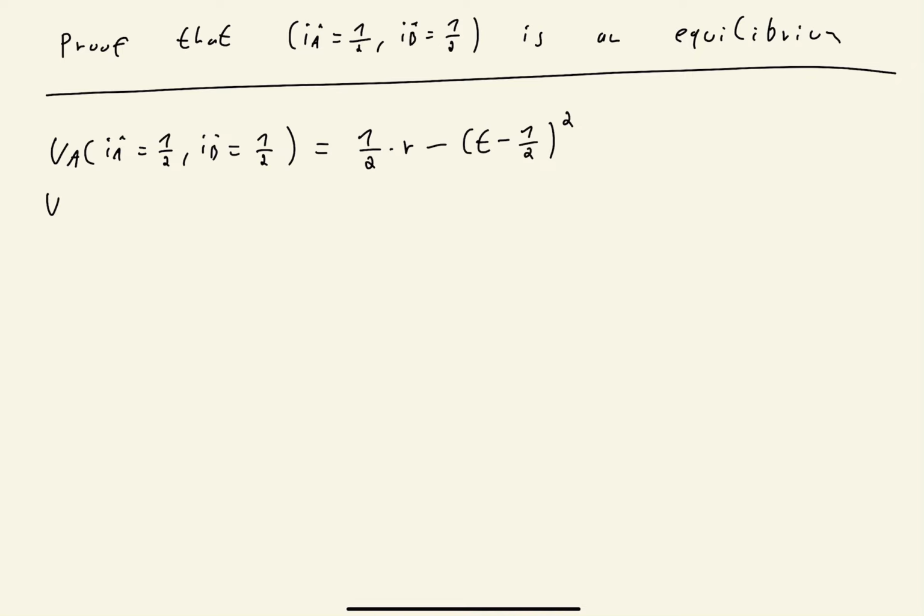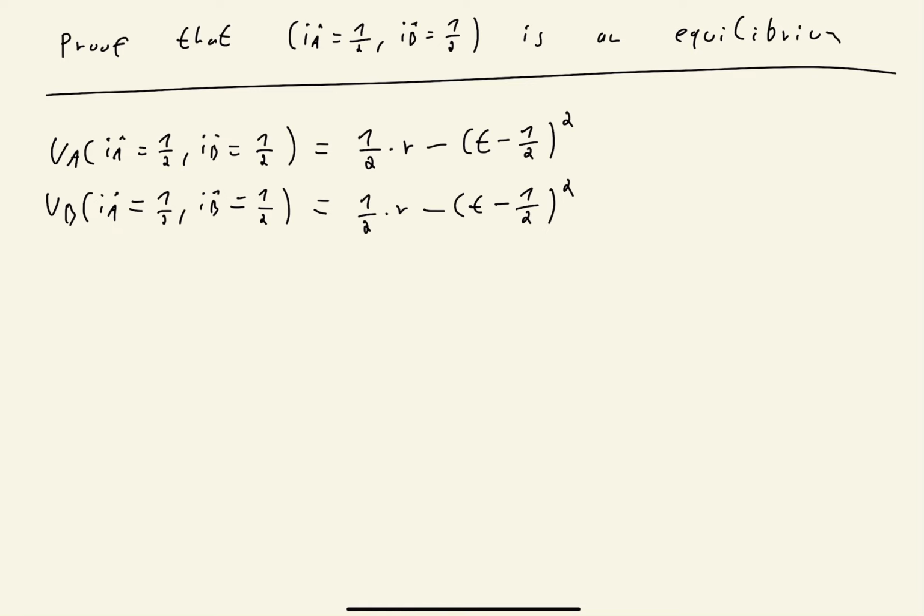The same for B. So the utility of B if both A and B have chosen an ideology of 1/2 is then given by 1/2 times R minus T minus 1/2 to the power of 2.